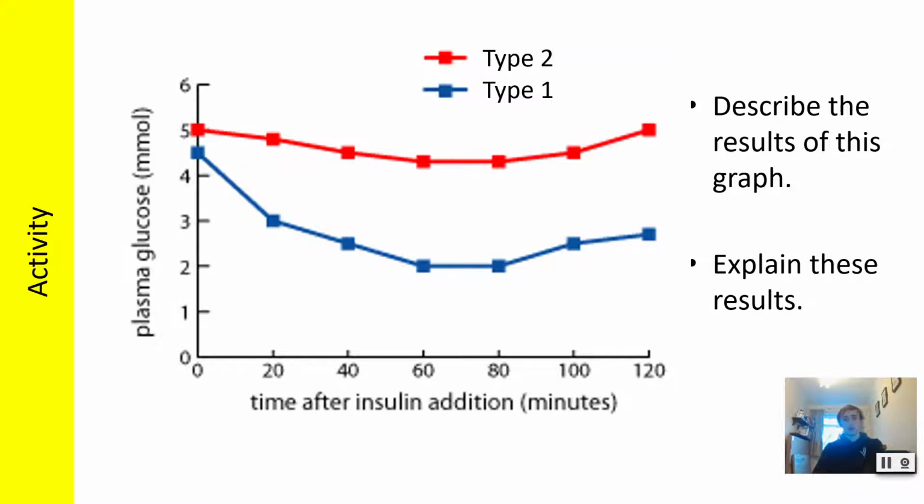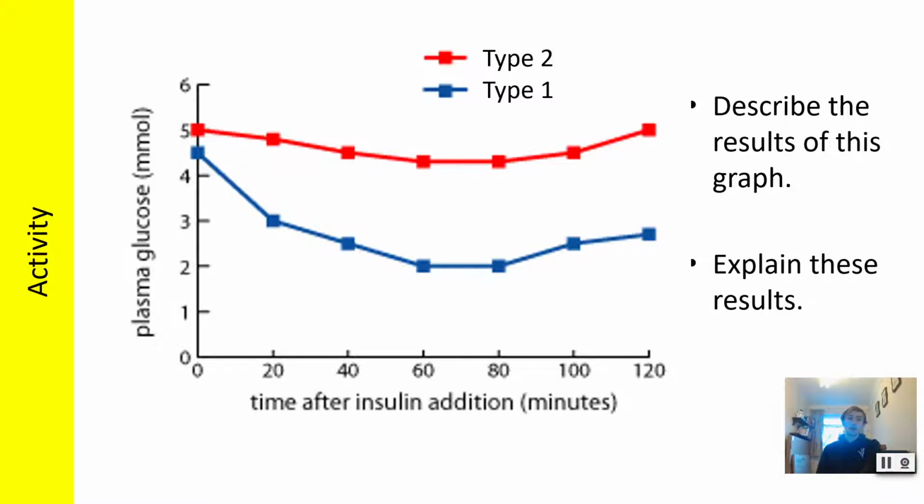And remember, from year 9, plasma is part of the blood. So, when you inject insulin into someone with type 2 diabetes, the description you can say is that it does not fall by much. The plasma glucose doesn't fall by much after insulin addition.